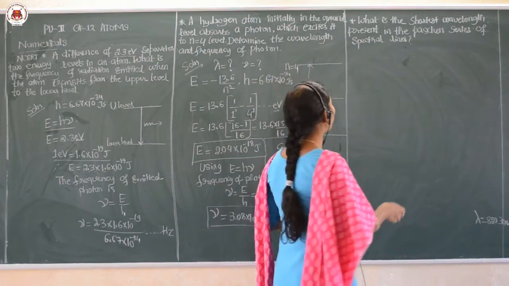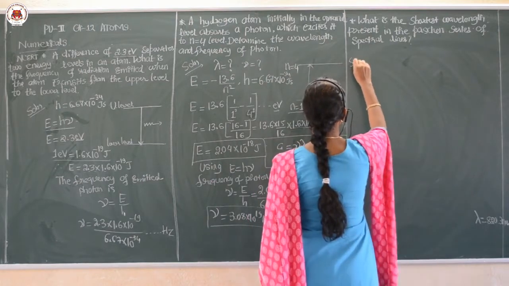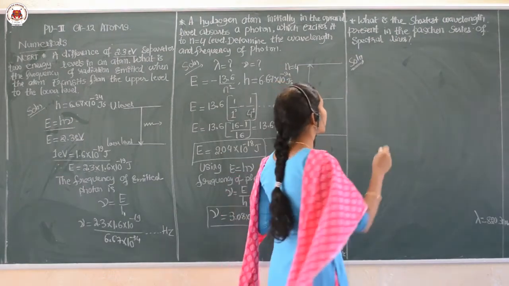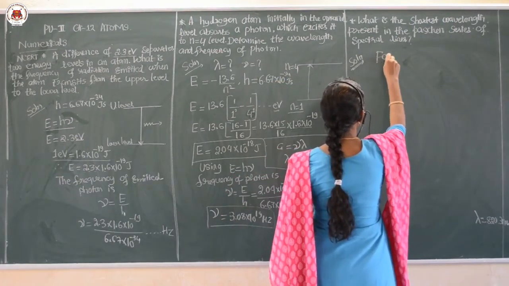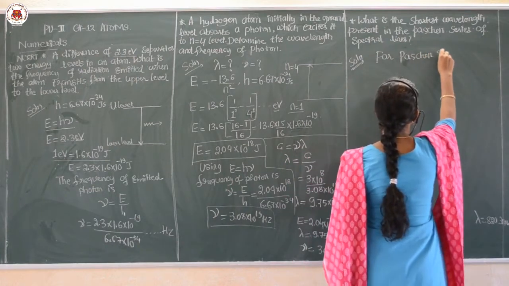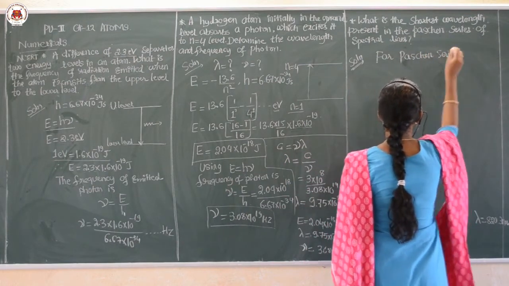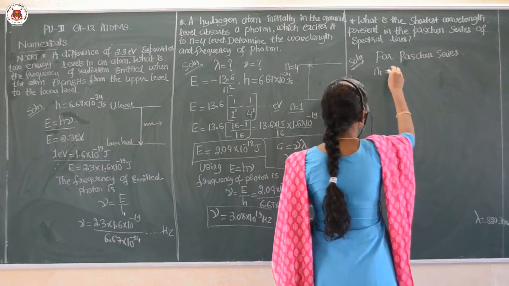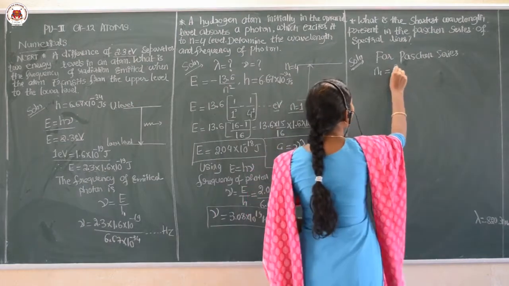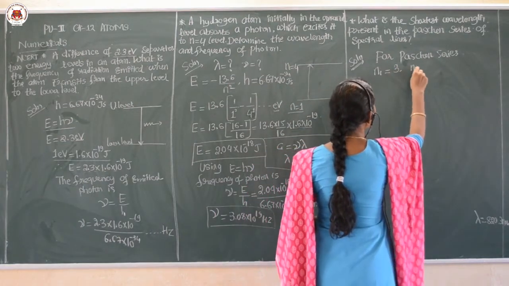Okay. So, for the Paschen series, let us first write down here. For the Paschen series, n1 can be given as, it is the third series, isn't it? Then n1 will be equal to 3 here, and n2 can be what?